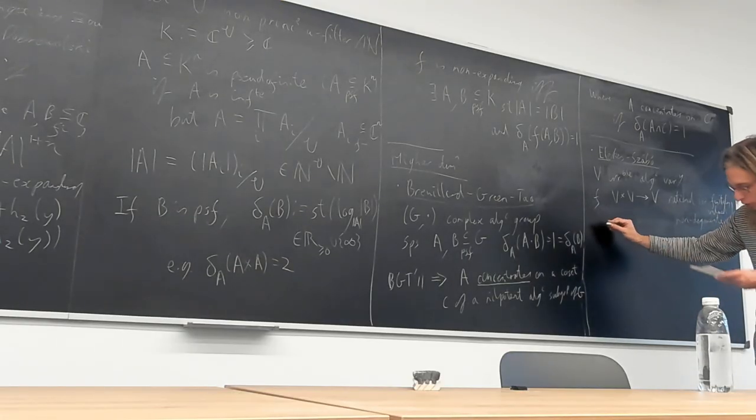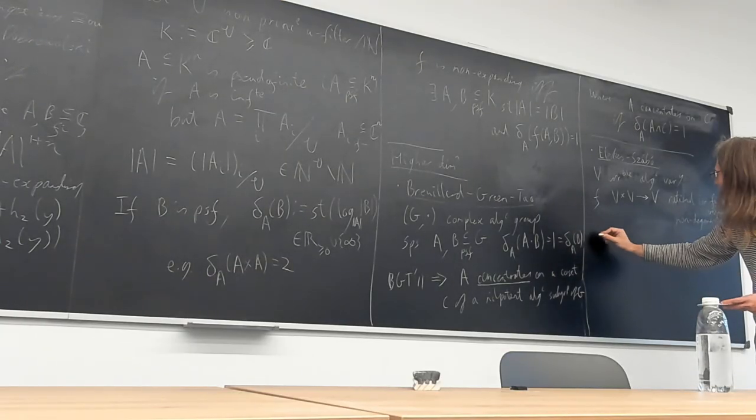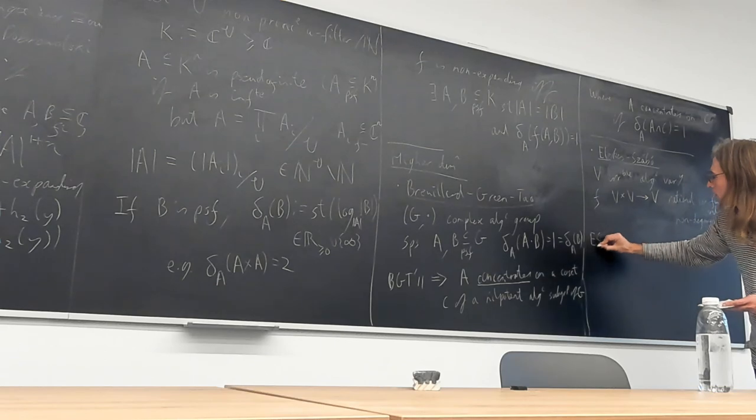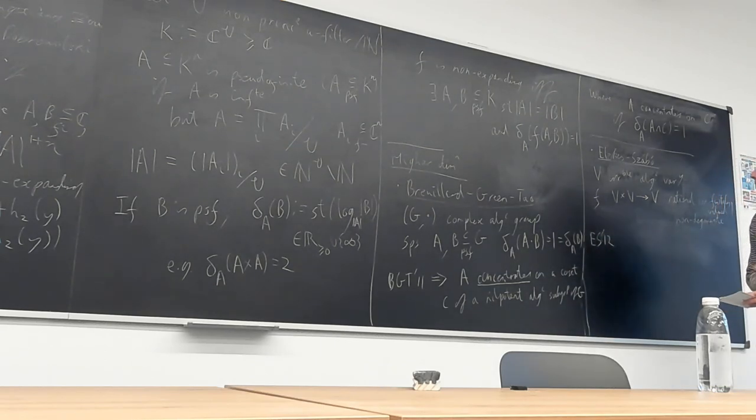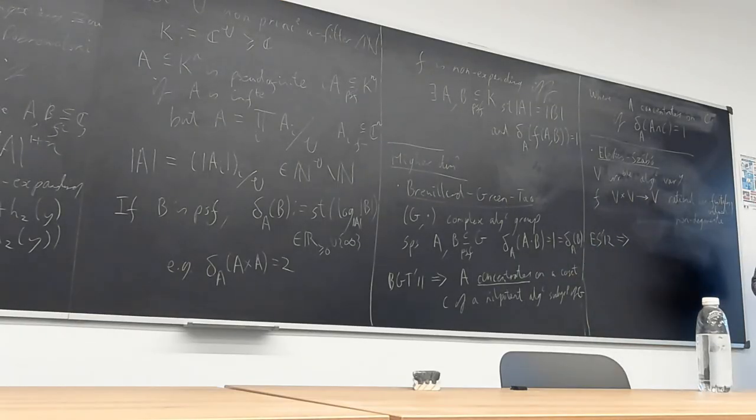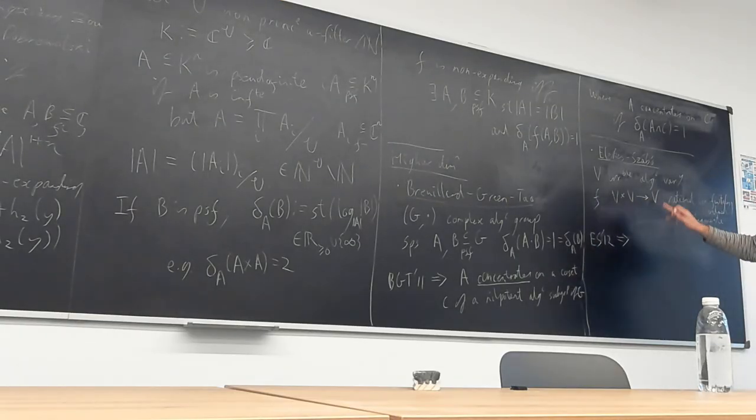Okay, so then the result of Velikovsky-Szabó implies, actually, again, it's more general really, that if we have non-expansion here, then it's because of an abelian group.